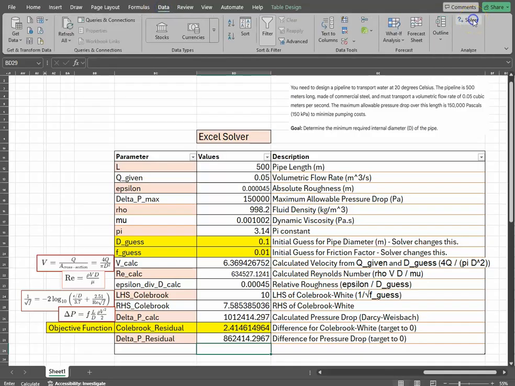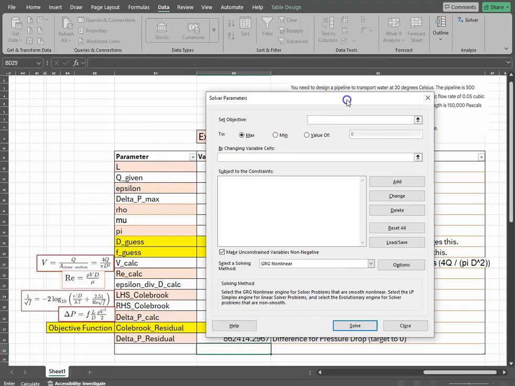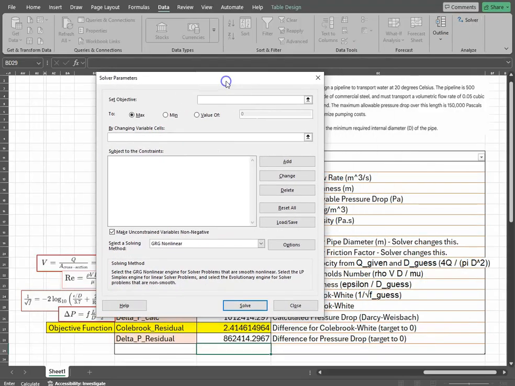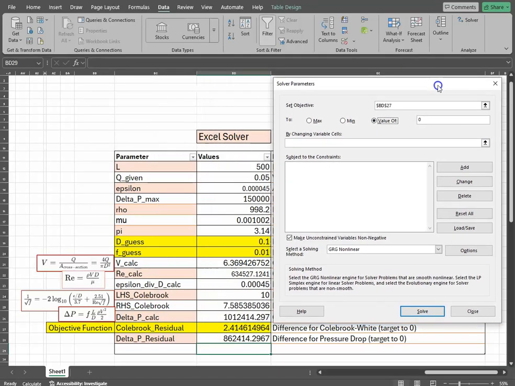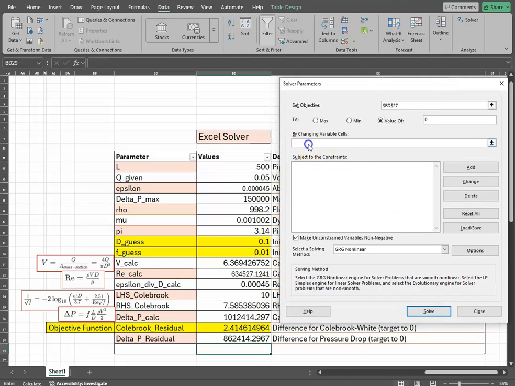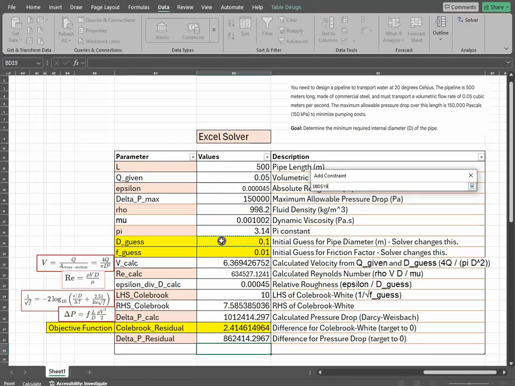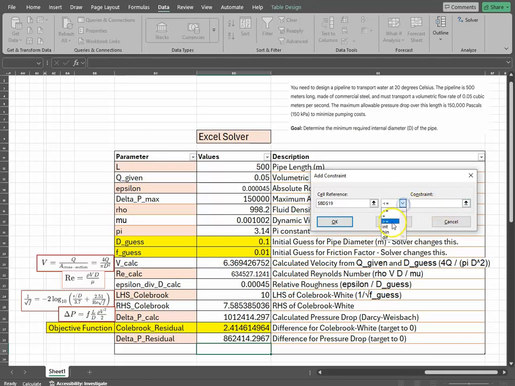Now I am using that solver. So here my objective function is this cell, so that will be 0 by changing the D and F. So for that I am selecting those 2 cells. Okay, and then constraint is that the D value must be greater than 0.